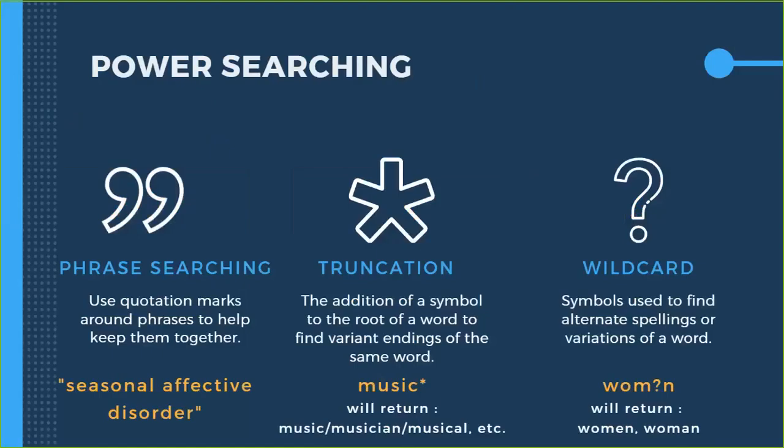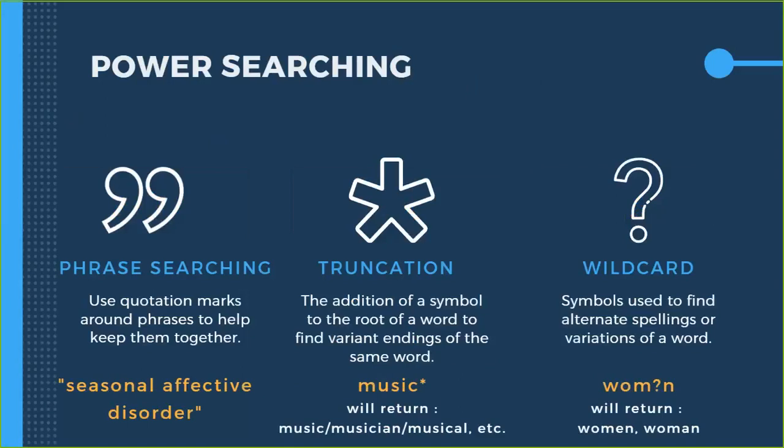So some additional searching that you all can do, which we'll call power searching, is something called phrase searching. You may already have done this before in Google, but basically you're using quotation marks around phrases to help keep them together. In my example here, I have quotations around seasonal affective disorder.